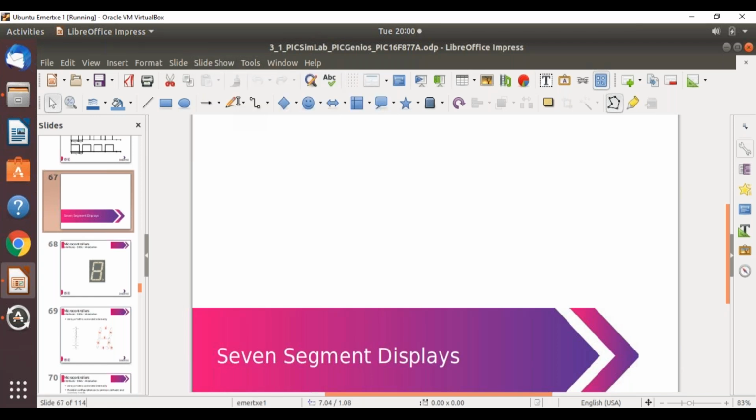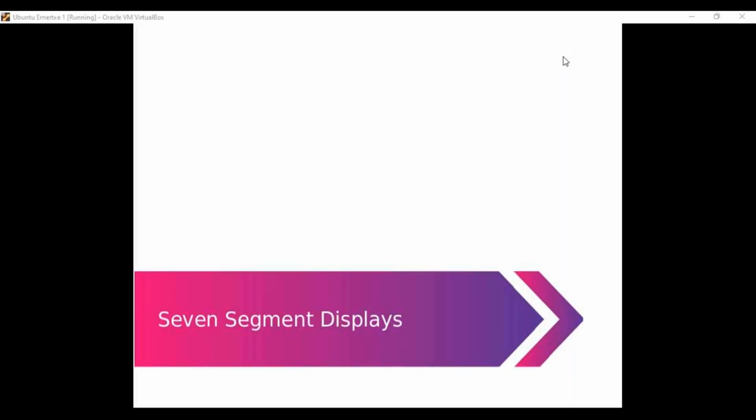Solid state drive? No. SSD stands for 7 segment display. So SSD here represents 7 segment display.